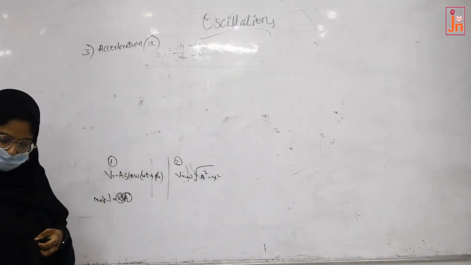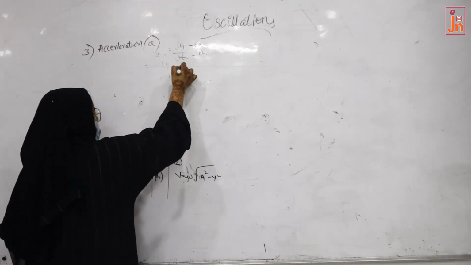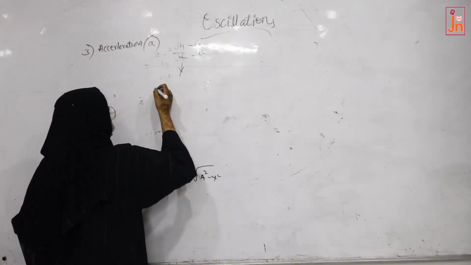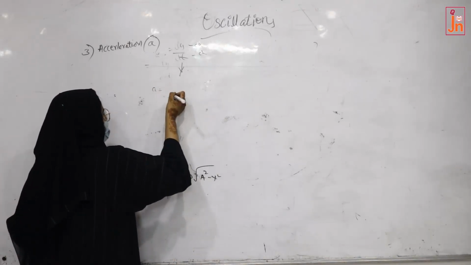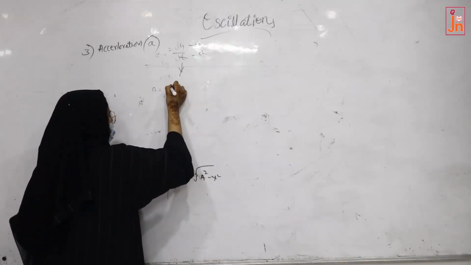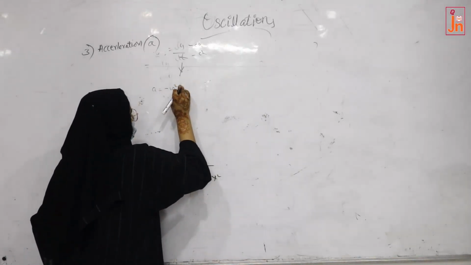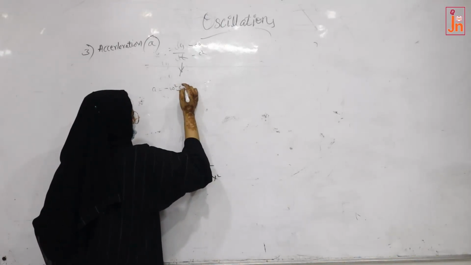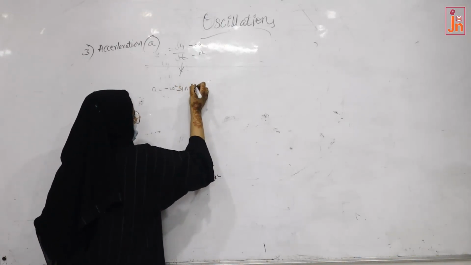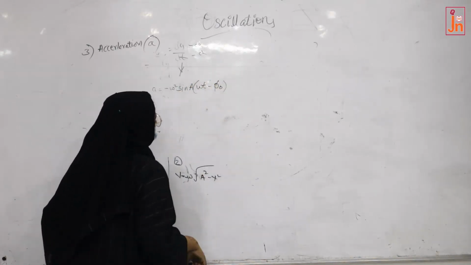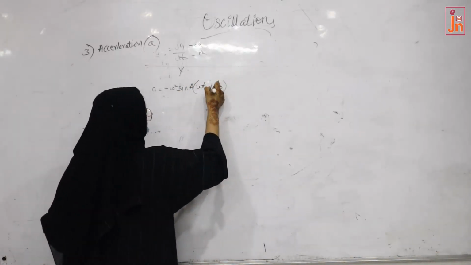But on solving it further, we find acceleration is equal to minus omega square a sin(omega t plus phi naught).